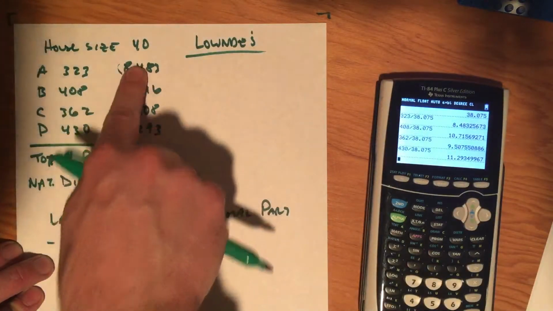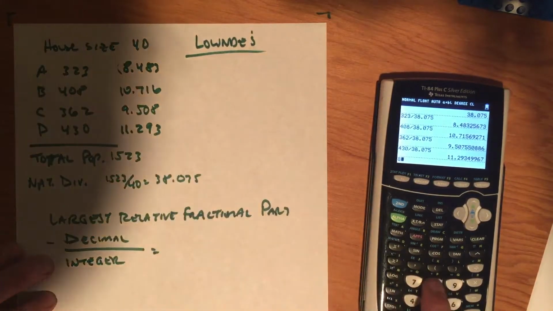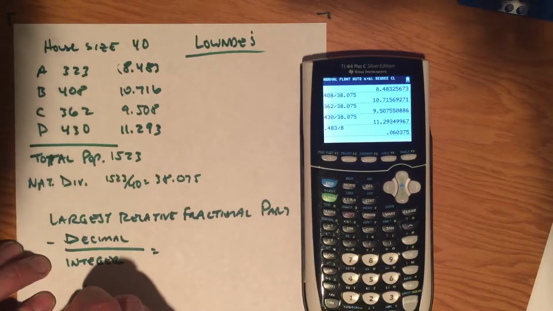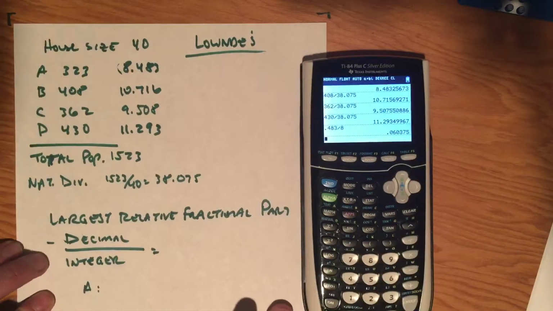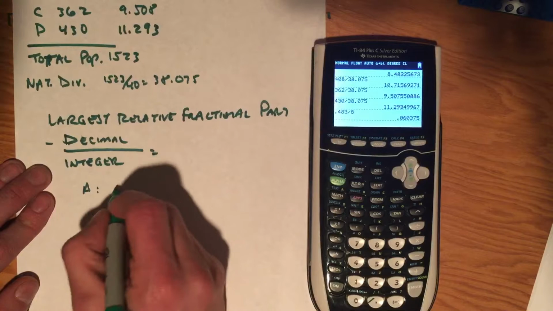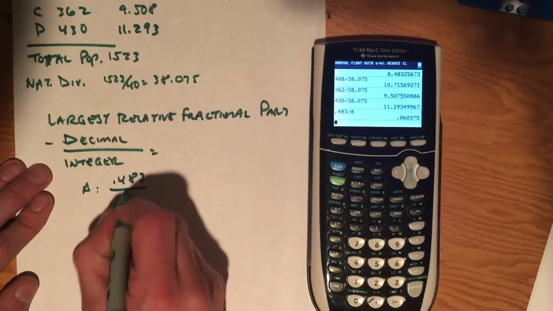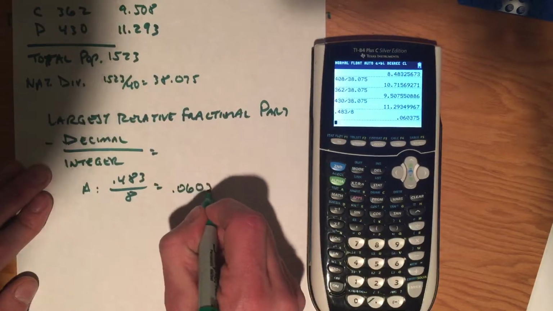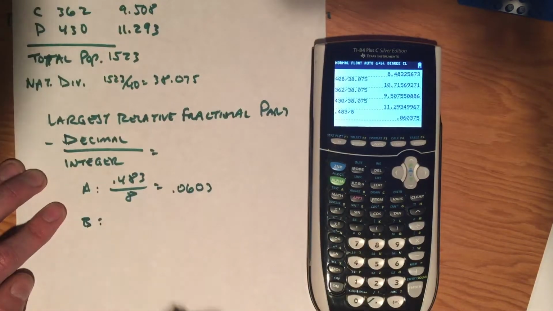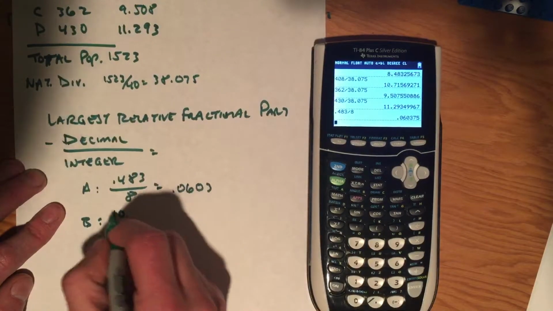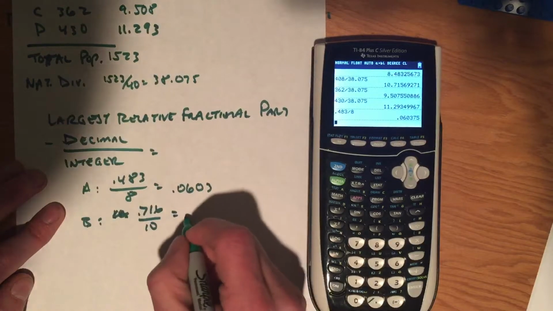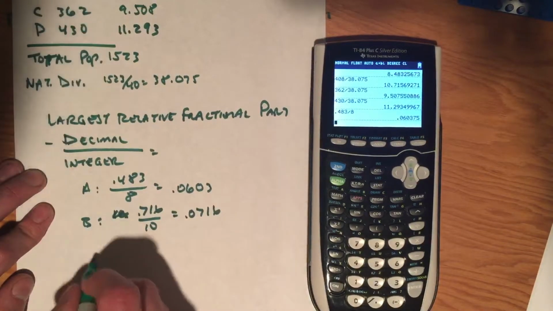So for example, state A, we have 0.483 divided by 8, a relative fractional part of 0.0603. State B, 0.716 divided by 10, gets us 0.0716.